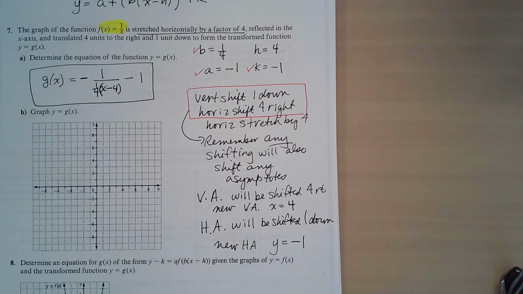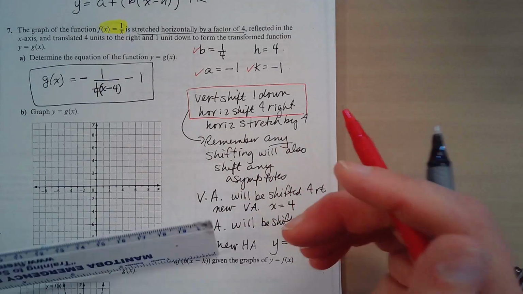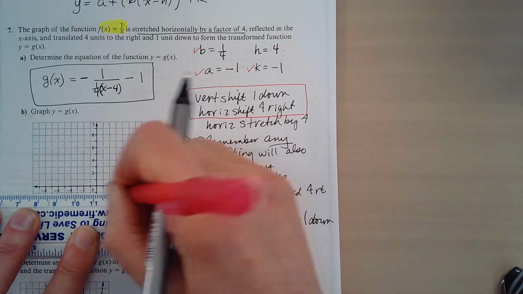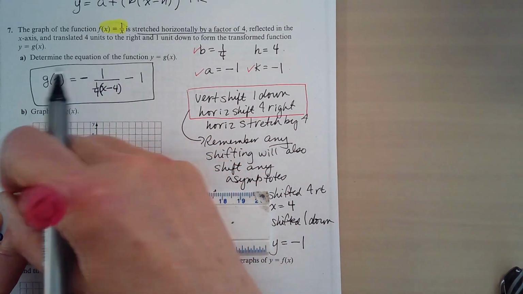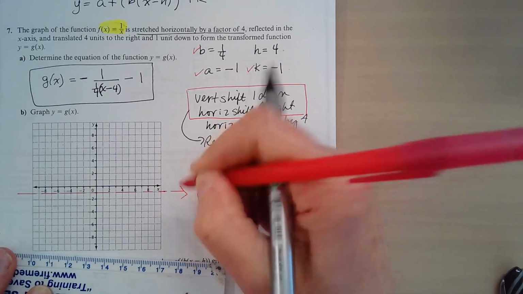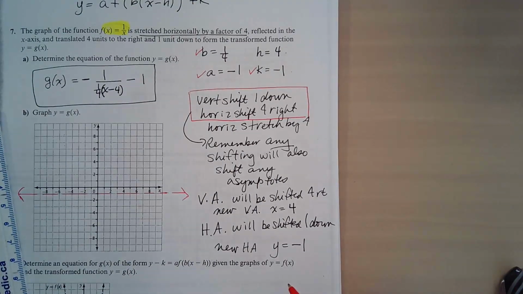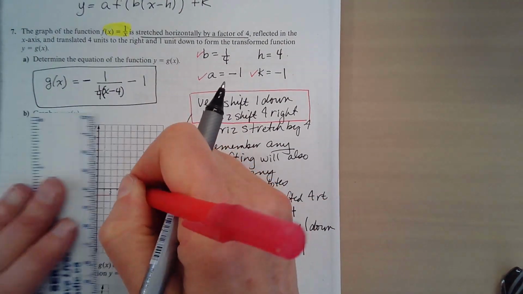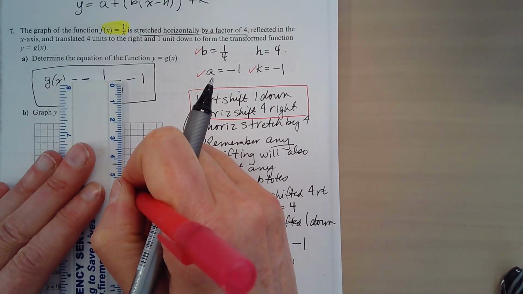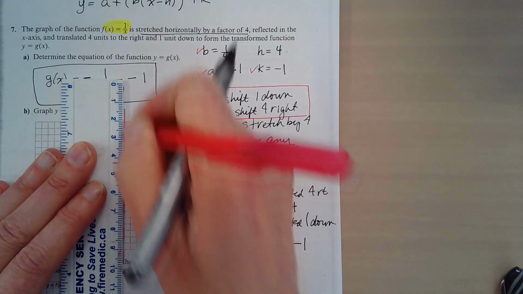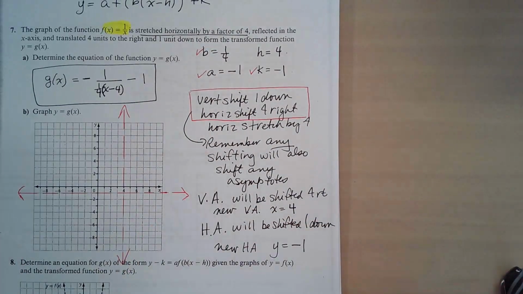All right, so I'm going to take a red pen and my ruler to make sure I get everything nice and sharp. So here's my new asymptotes. I'm going to show you a real quick way to graph anything with an asymptote. And again, we'll go into more detail when we actually do this unit, because we're going to be doing transformations on the reciprocal graph.